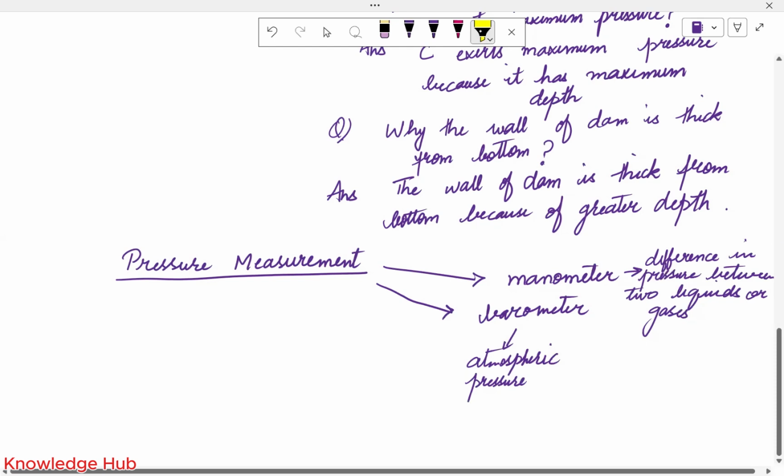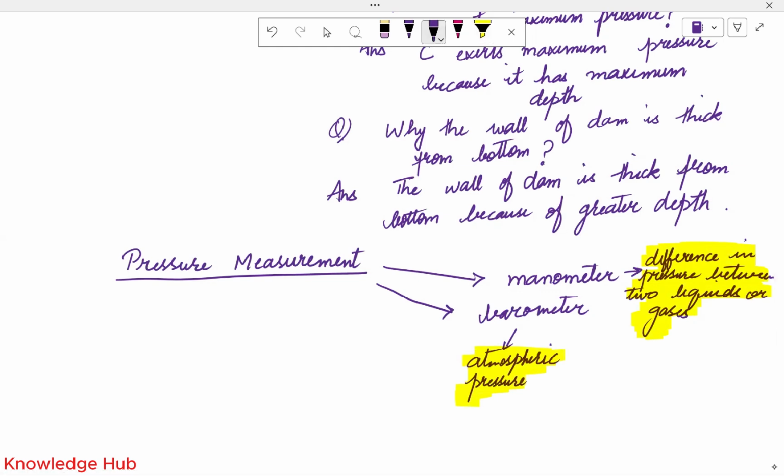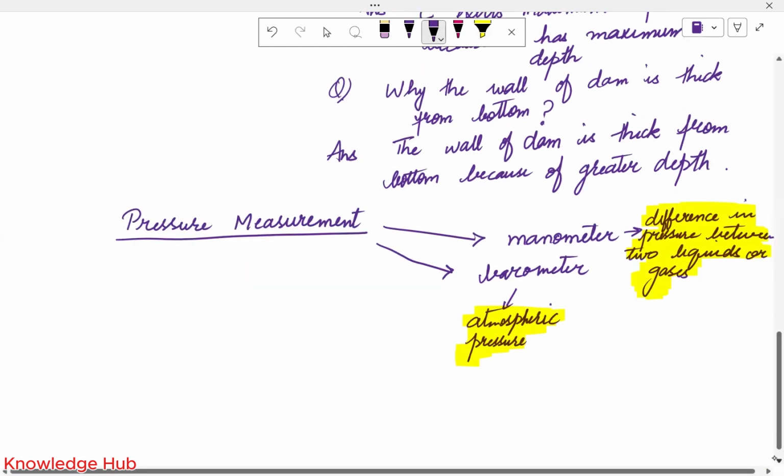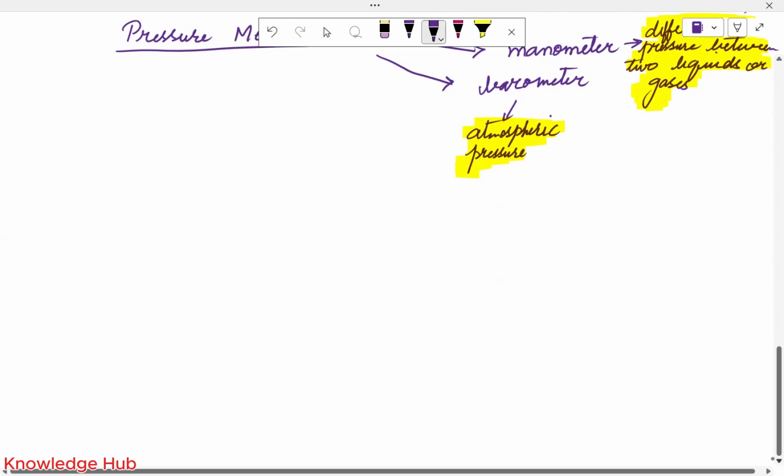So these are its uses. Now let's move further. Let's discuss the working of the manometer.